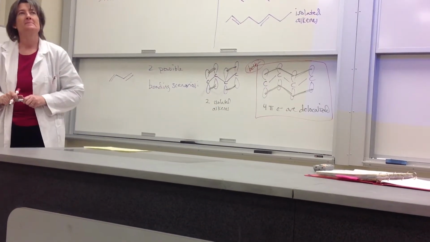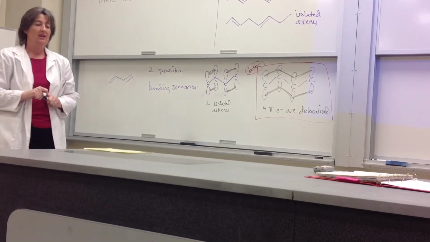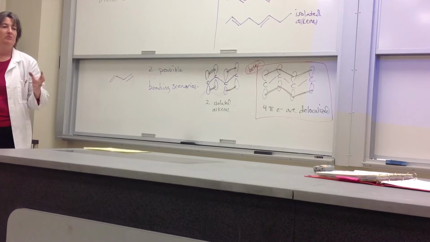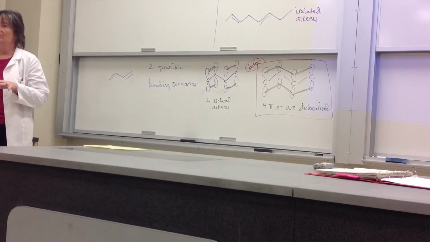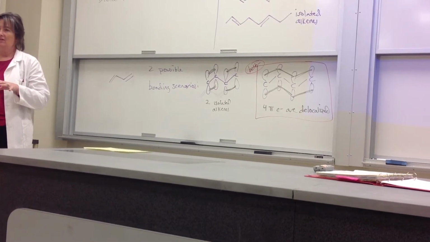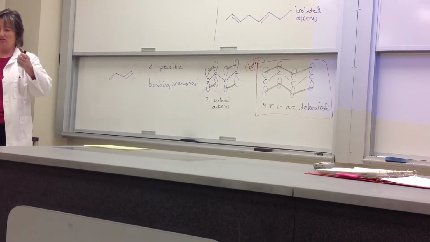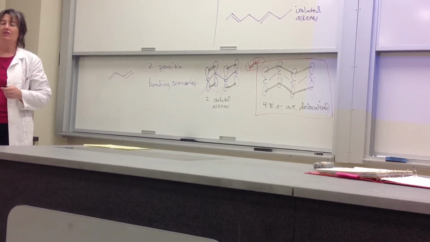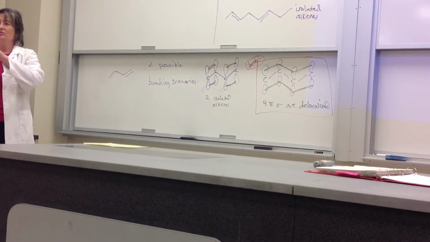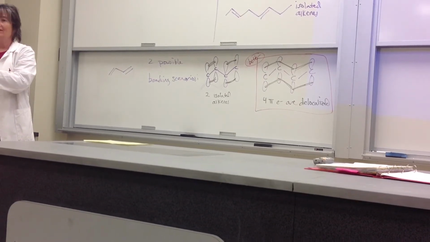When we were drawing resonance structures back in 420, I think we mentioned the more resonance structures you can draw for something, the more stable it is. Right? You remember me saying that? What we were really talking about is that the more resonance structures I'm drawing, the actual molecule is a hybrid of all those. So if I'm drawing a bunch of resonance structures, my electrons are smeared over a whole bunch more atoms than they would be otherwise.